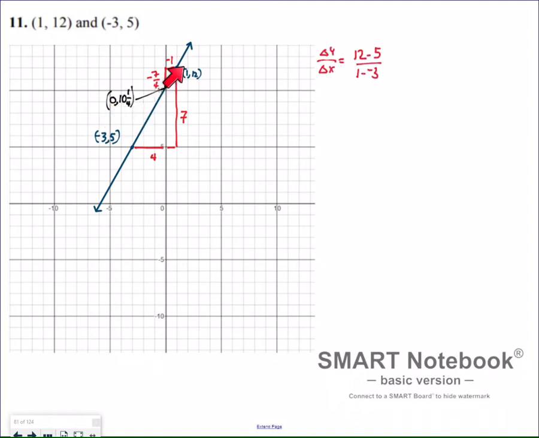So I can count back to figure out what the y-intercept should be. I can count over to see the slope. So I already know, before I start doing all my fancy math, that the equation of this line is going to be y equals 7/4 x plus 10.25.